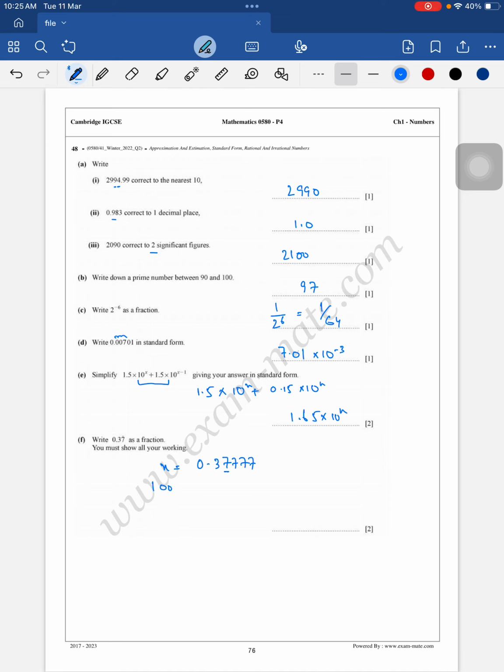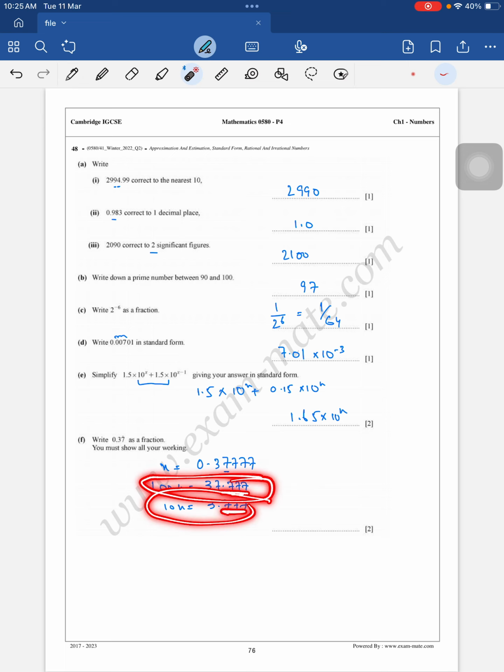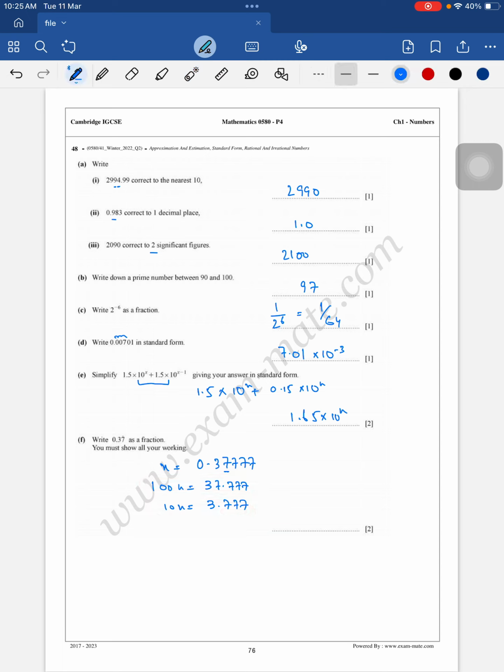So first 100x is equal to 37.77, and we have to make the decimals the same, so 10x is equal to 3.777. You see, in both these two terms the 777 is coming, right? Now I will subtract these two.